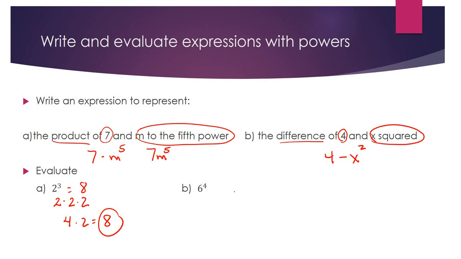This might take a little bit more work. 6 times 6 times 6 times 6. 6 4 times. 6 times 6 is 36. 36 times 6 is 216. And then I have to multiply by 6 one more time. 1,296. So that's evaluating an expression with a power.